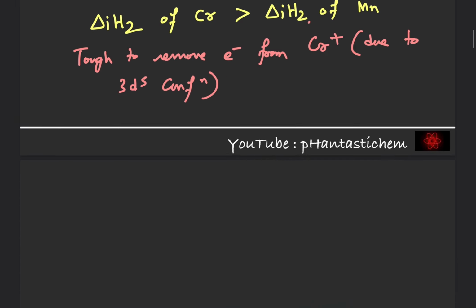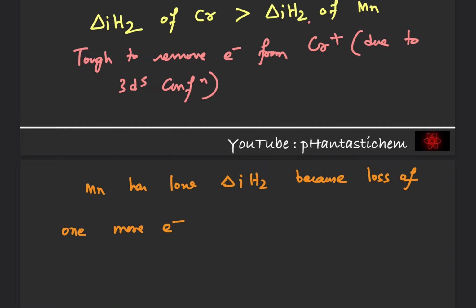Okay, so Mn has low ΔiH2 because loss of one more electron gives stable configuration of 3d5.